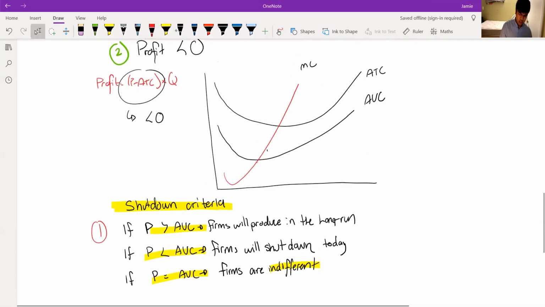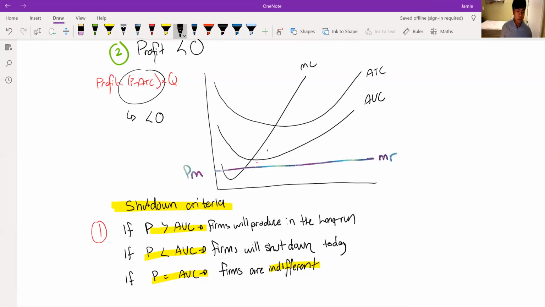I'll be consistent. Use black. Okay. So what am I trying to get at? Yeah, part 2. If marginal revenue, or if price is below, let's say right here.